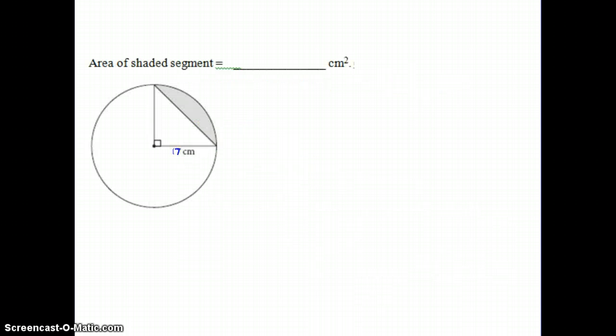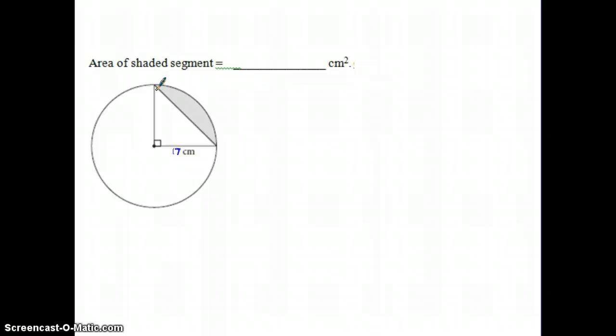Our next example is two shapes combined. If you can imagine, this area right here is a sector of a circle, like in the first example. We also have a triangle that looks like it's being removed from the sector of the circle.